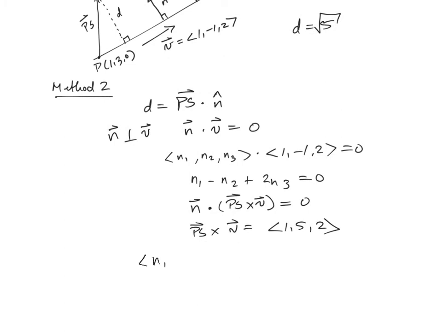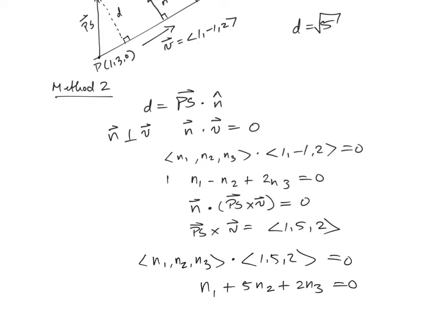So my n1, n2, n3 vector dotted with this PS cross v has to be equal to 0, which means I get a second equation: n1 plus 5n2 plus 2n3 has to be equal to 0.